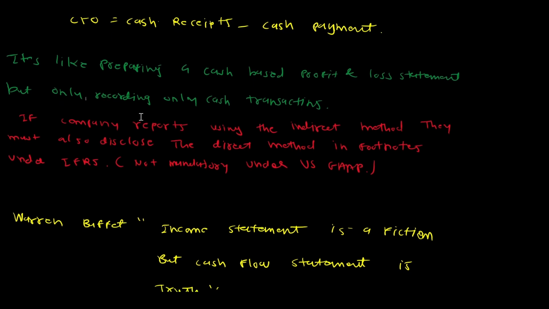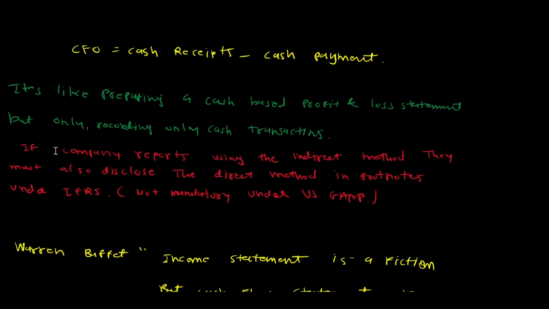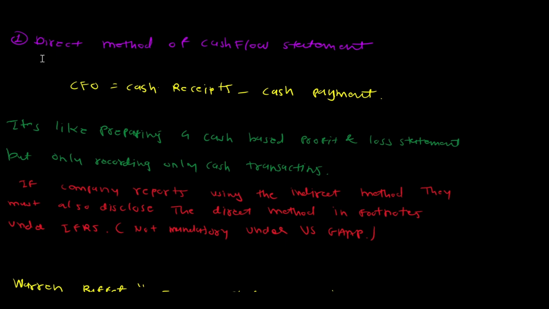And one other point is, if a company reports the indirect method, they must also disclose the direct method in footnotes under IFRS, though it's not mandatory in US GAAP.